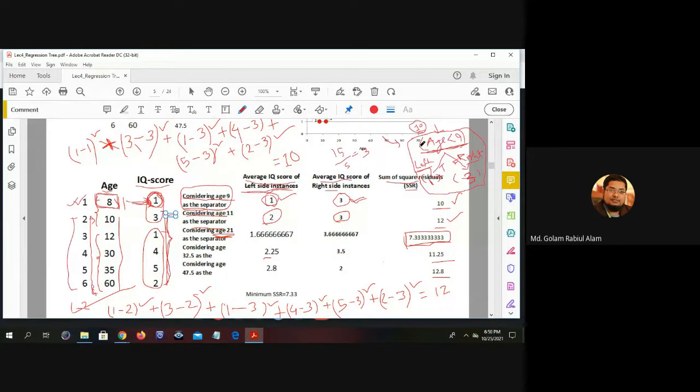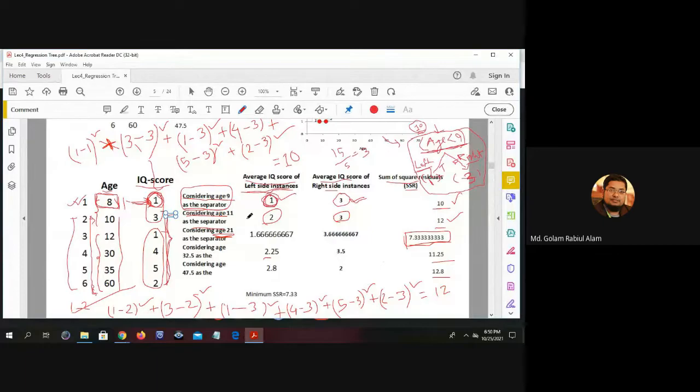If this is our prediction, then what will be the error with the existing data? This is the existing data, and then we have to calculate the error. The error function here is the sum of squares. At first we have to consider the left side.